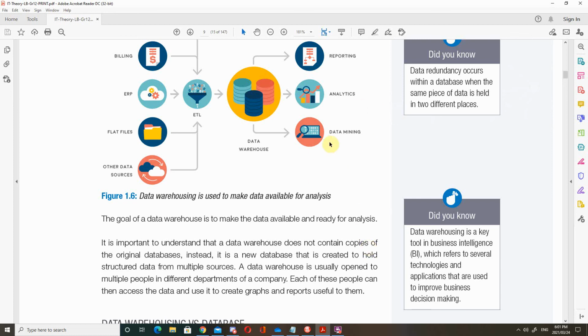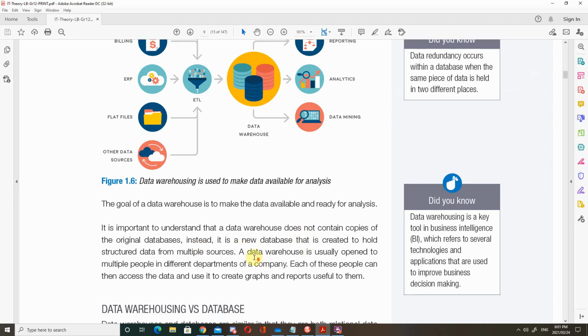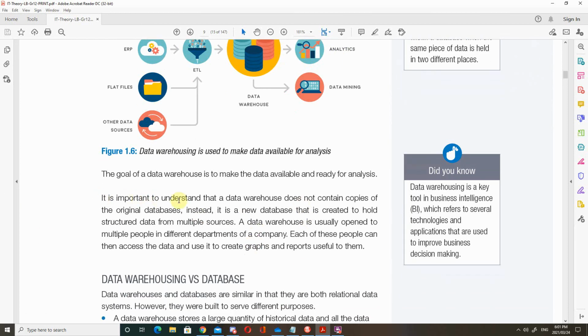You'll use the data mining technique to look at all of the data and try to make some sense out of it so that we can use it. It's important to understand that the data warehouse does not contain copies of the original databases. Instead, it is a new database that is created to hold structured data from multiple sources.